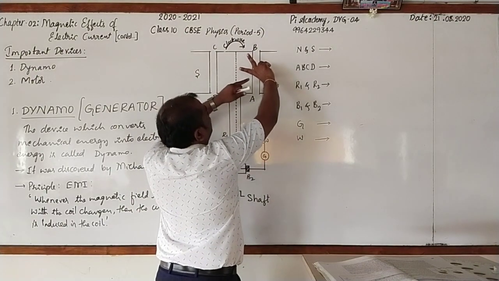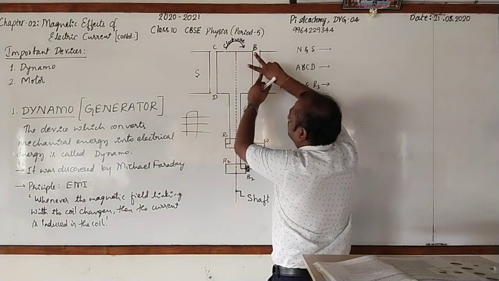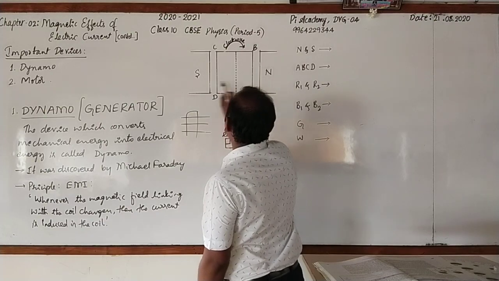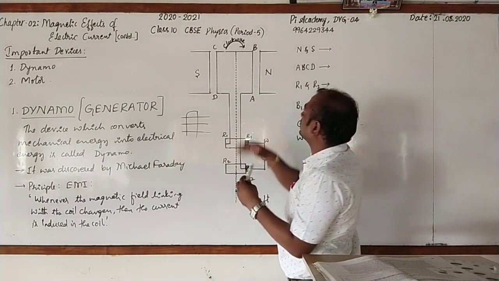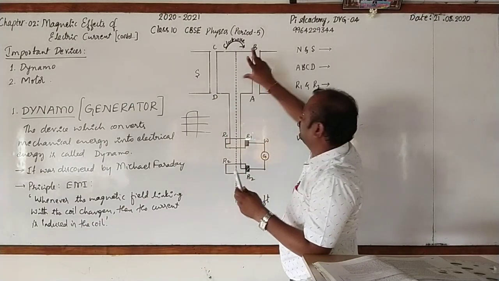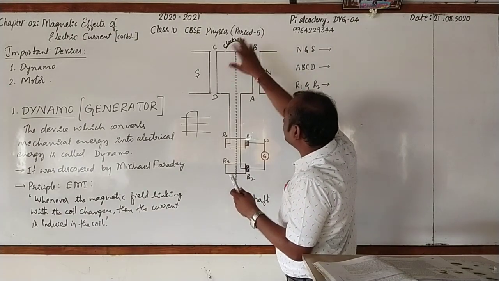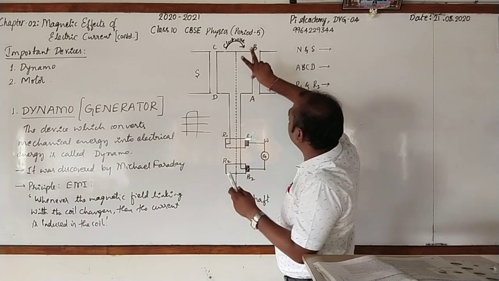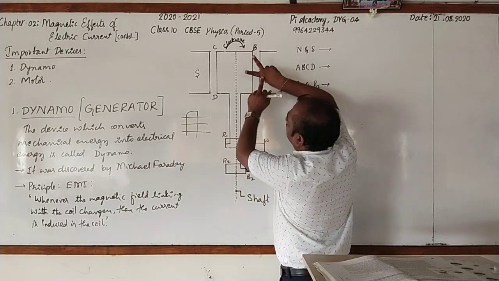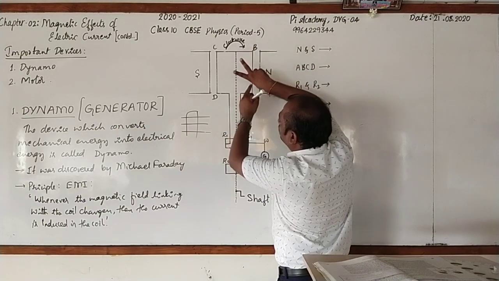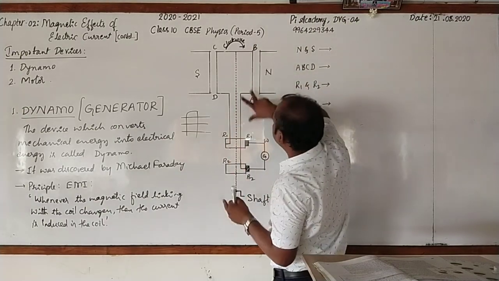See that lines of force spread from north to south. See that these are the lines of force, and these lines of force are cut by the coil. And what is the motion of the coil? It is clockwise, right? It is moving downward. You can observe that. Lines of force from north to south, and motion of the coil, it is downward. And where the current is induced?